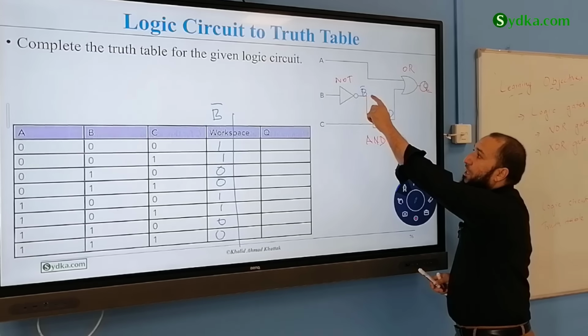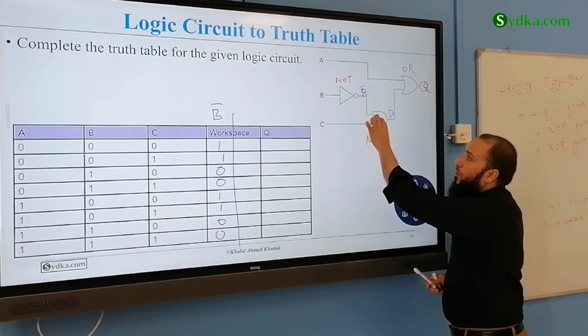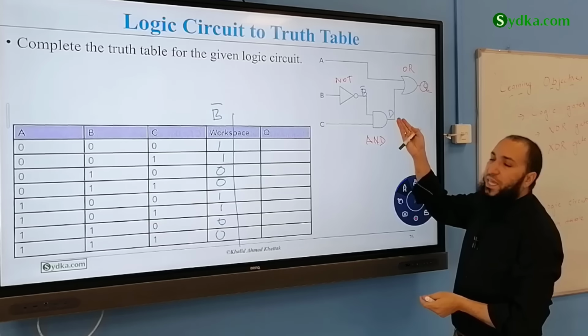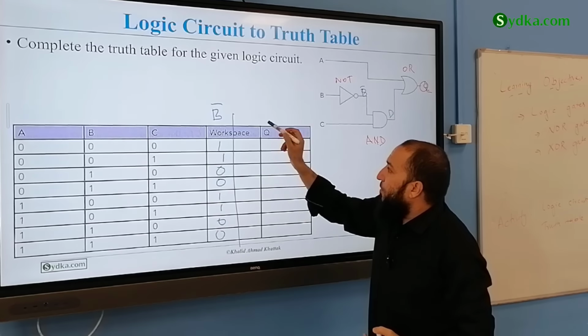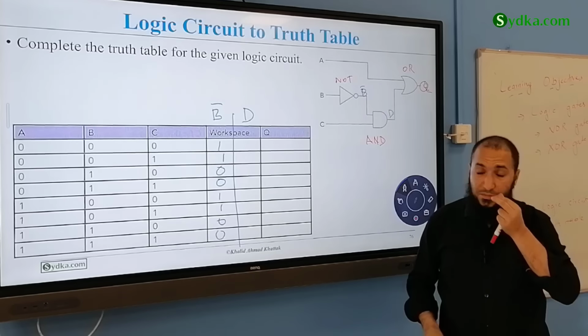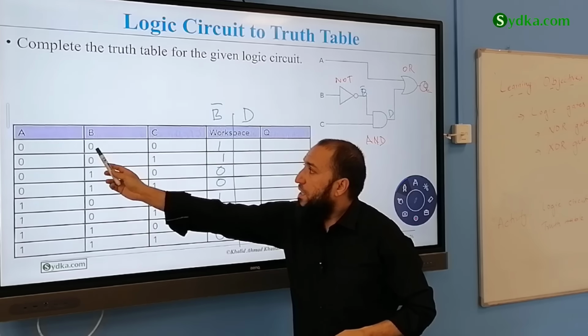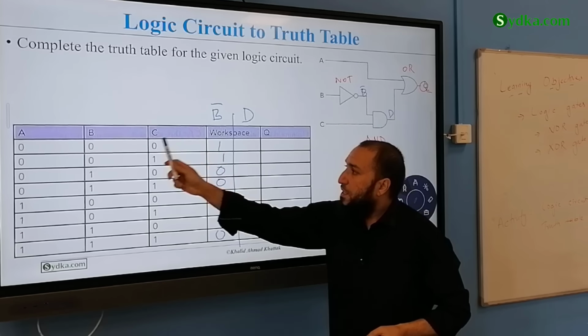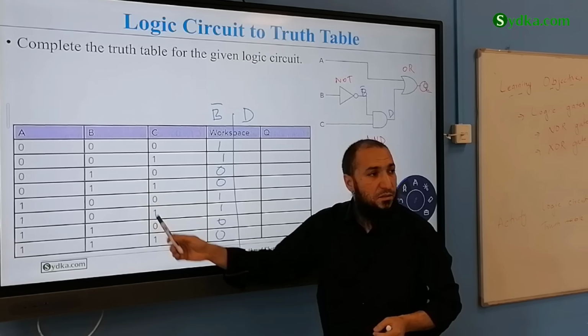Now the not B will go with C as input in this AND gate, which is going to give us a D. So I'm going to call this D. B is going to be inverted, so 0 becomes 1, 0 becomes 1.